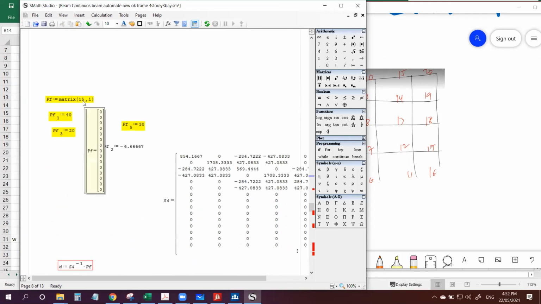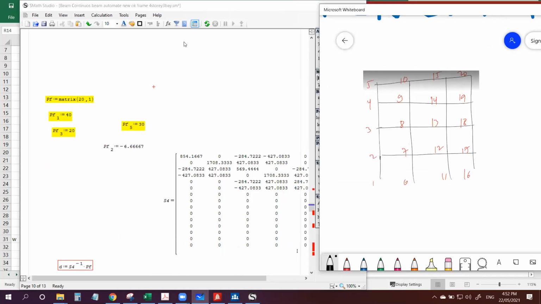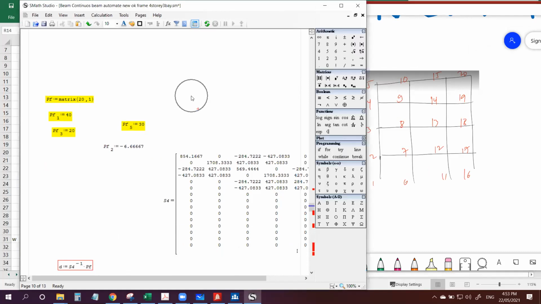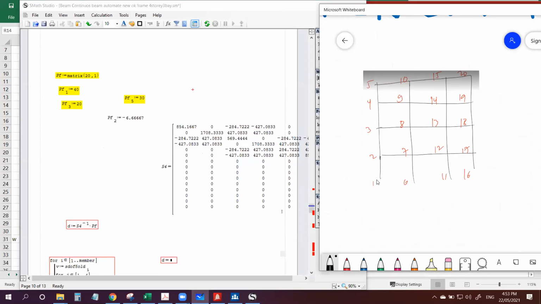Okay, the null matrix should be 20 by 1. Okay, and then my lateral load is located at... I have a lateral load 1.